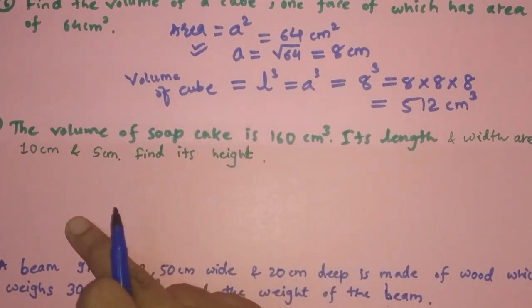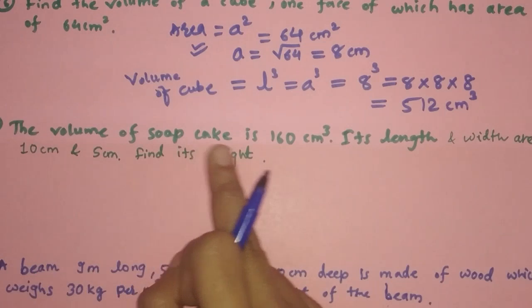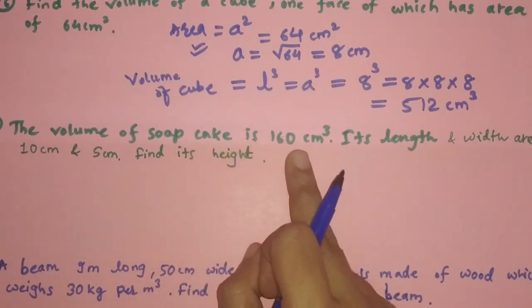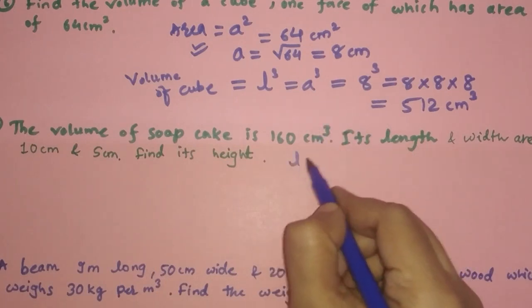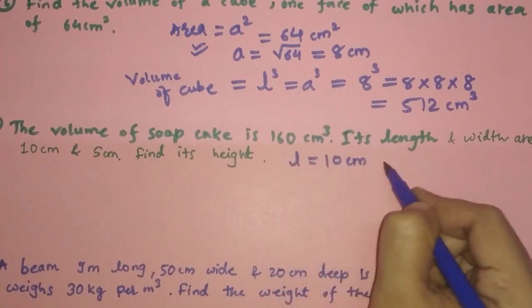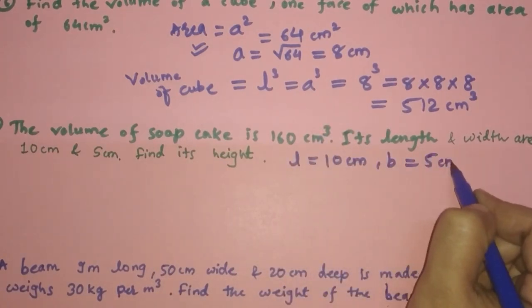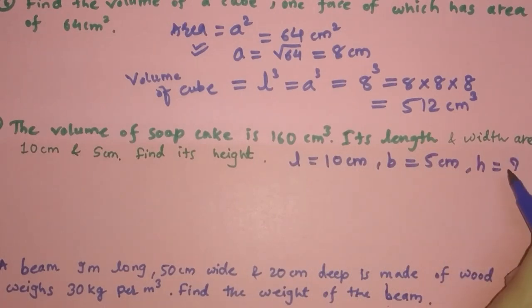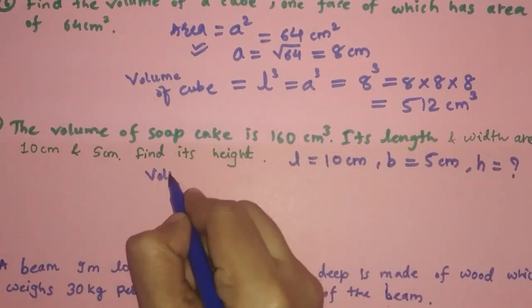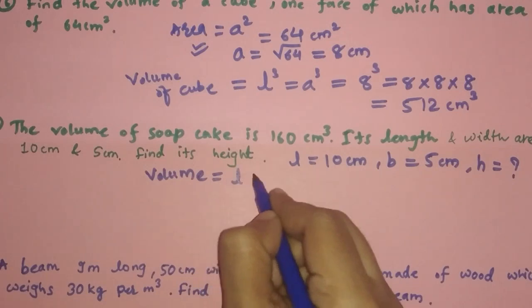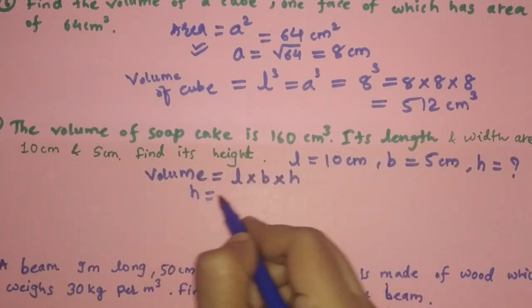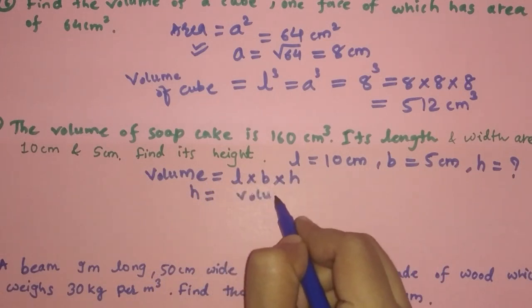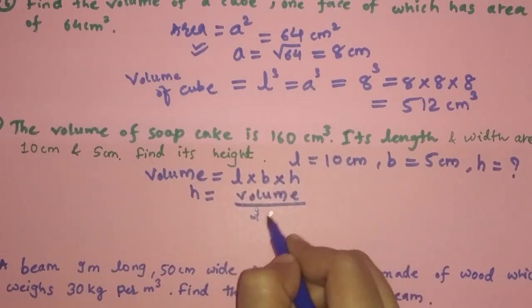The next question is, the volume of a soap cake is 160 centimeter cube and its length and width are given as 10 centimeter and 5 centimeter. We have to find its height, and its volume is given. So volume is nothing but L into B into H. So we can find height as volume divided by length into breadth.